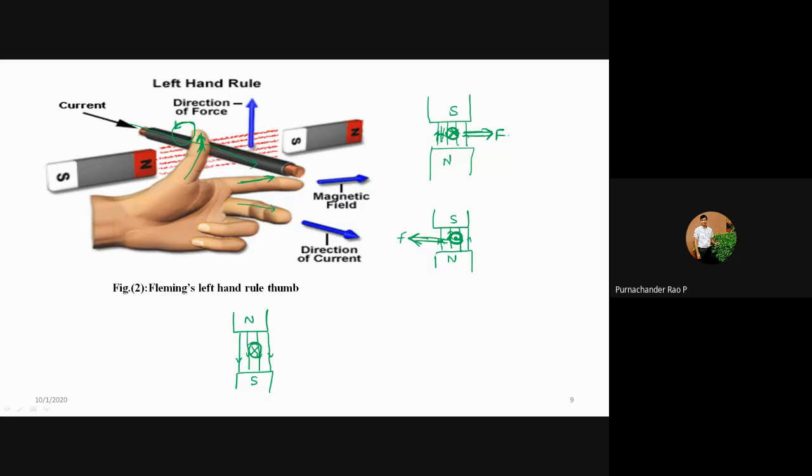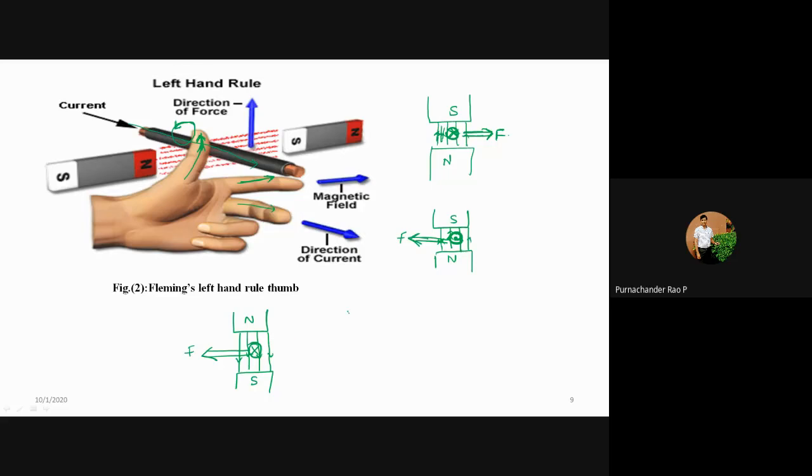What is the force exerted now? The flux will be in the clockwise direction. So for this clockwise direction, the right hand side will have the crowding of the flux, but the left hand side weakening of the flux. And therefore the force will be exerted in the anti-clockwise direction like this.